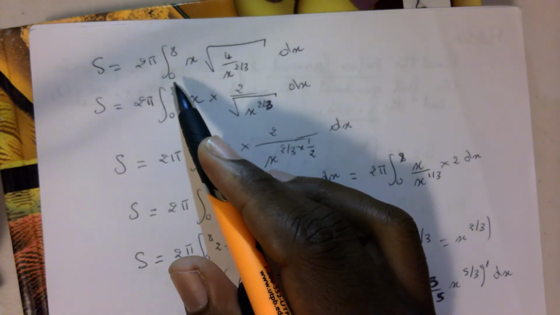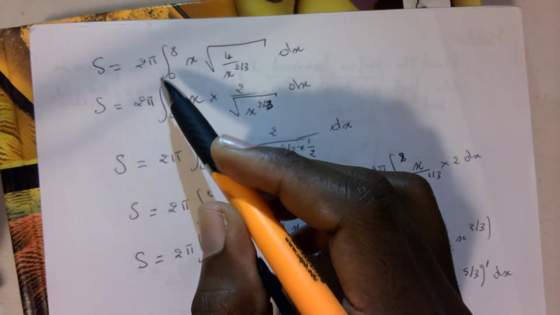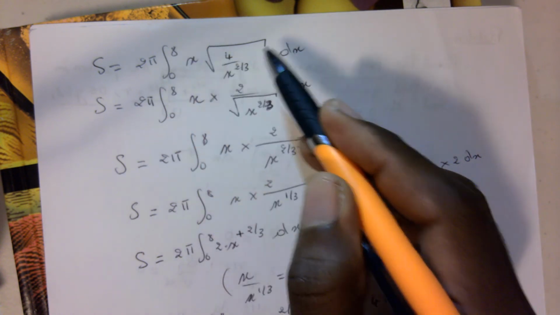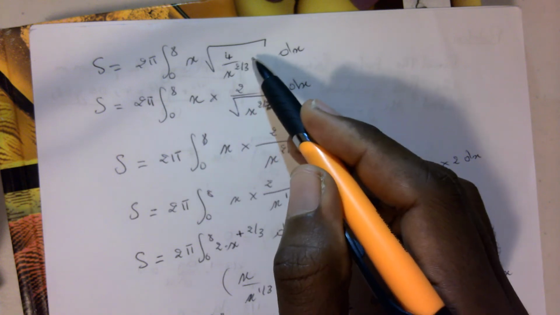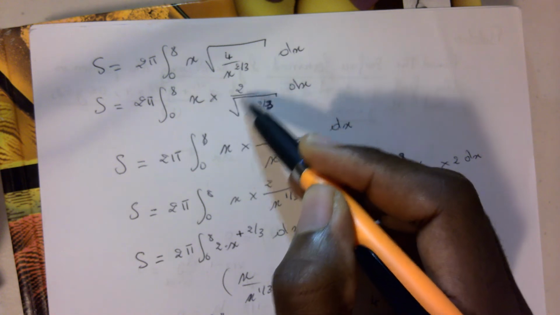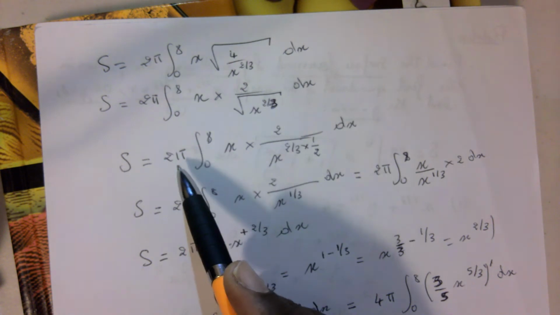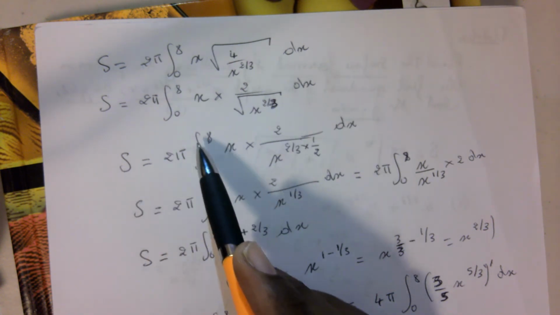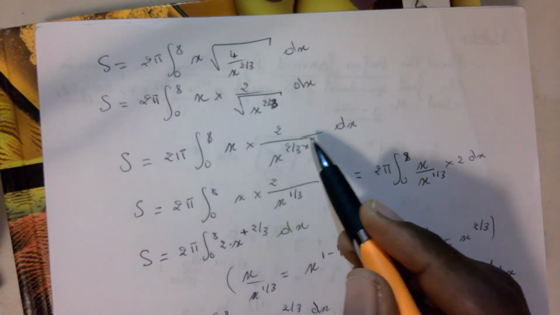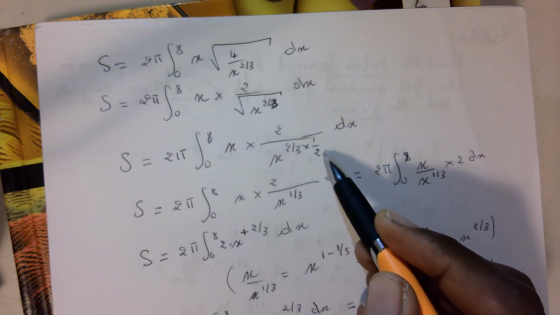Now that we have the bounds of integration, we can proceed in finding the surface area. So S equals 2 pi integral from 0 to 8 of x times the square root of 4 over x to the power 2/3 dx. So this square root is equal to 2 over the square root of x to the power 2/3, which gives us S equals 2 pi integral from 0 to 8 of x times 2 over x to the power 2/3 times 1/2.